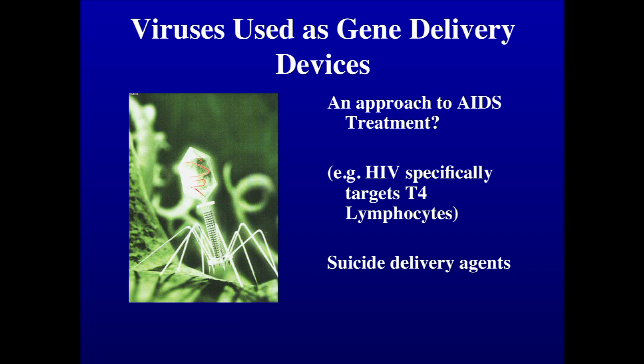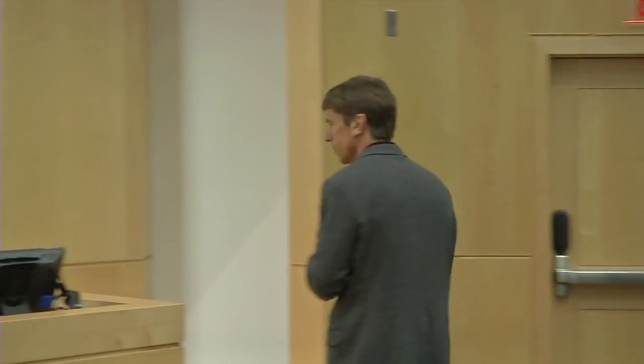So you could conceive of a strategy in which you could engineer an HIV virus to counteract HIV. If HIV is a good target towards T lymphocytes, can we genetically modify the HIV virus so that it is attenuated, but not only that, that it is suicidal against live HIV? In fact, using HIV to counteract HIV is a strategy that some companies have embraced.